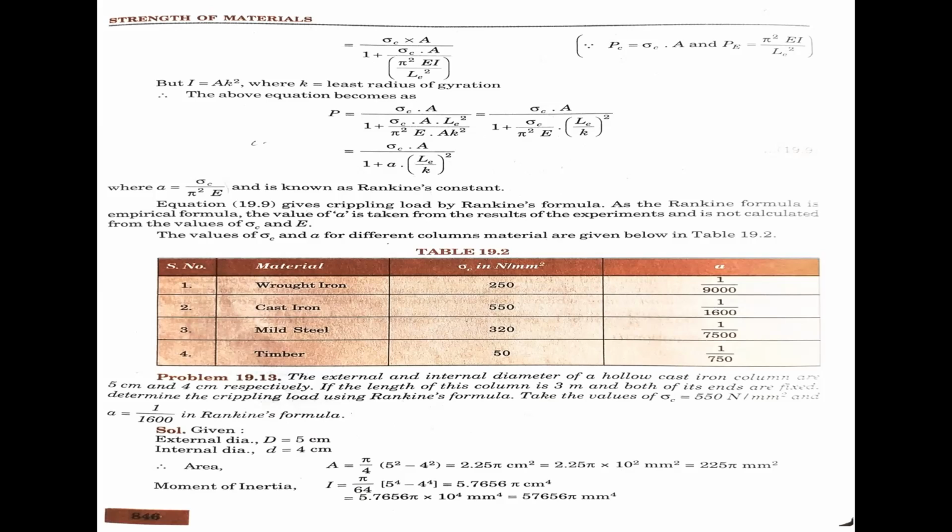Now, equation 19.9 gives the crippling load by Rankine's formula. As Rankine's formula is an empirical formula, the value of small a is taken from the results of experiments and is not calculated from the values of sigma C and E. The values of sigma C and small a for different column materials are given in table 19.2.